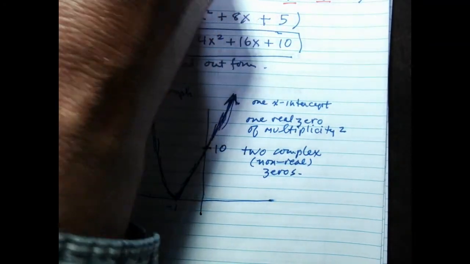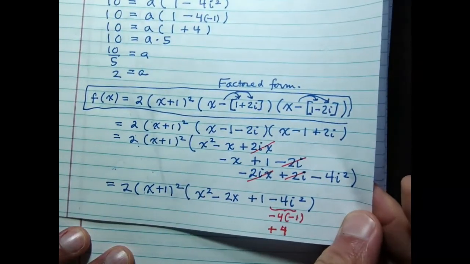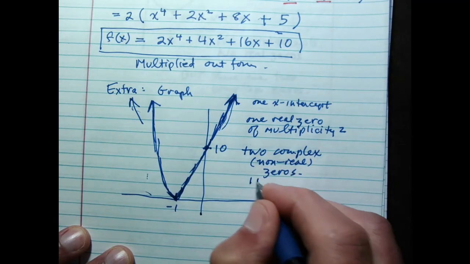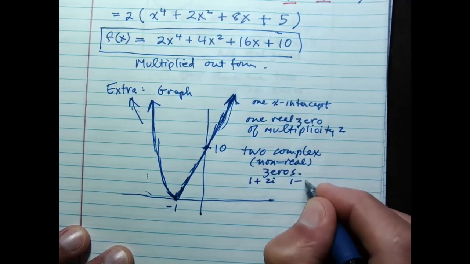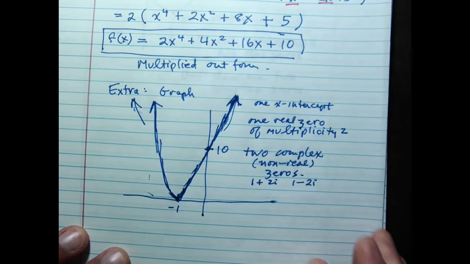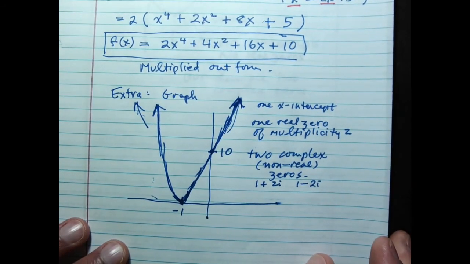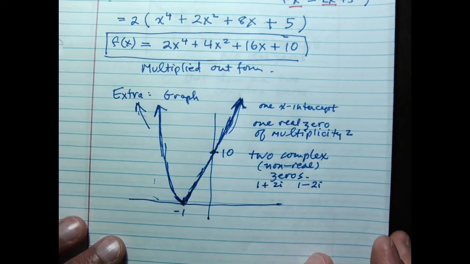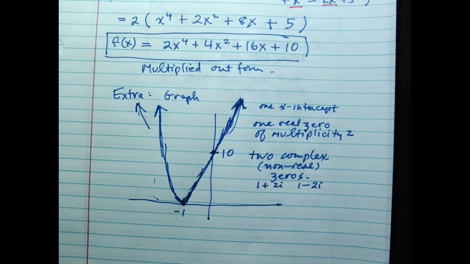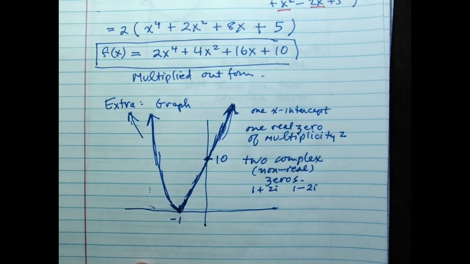We kind of got them out of the picture a while ago, but that was our 1 plus 2i, 1 minus 2i. And they don't appear anywhere on the graph for whatever reason, but they are buried inside that polynomial, right, when we multiplied that out. All right, so we are through with this section.